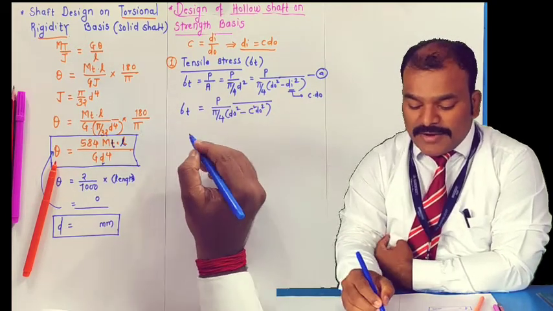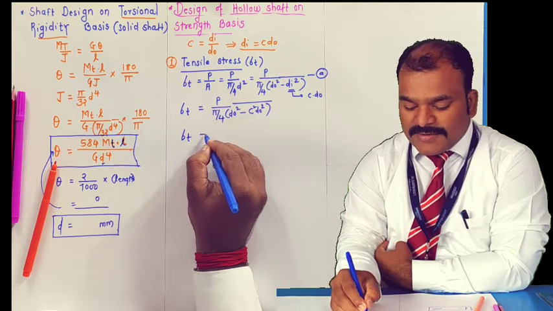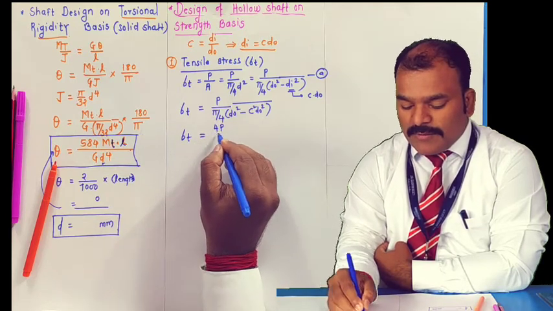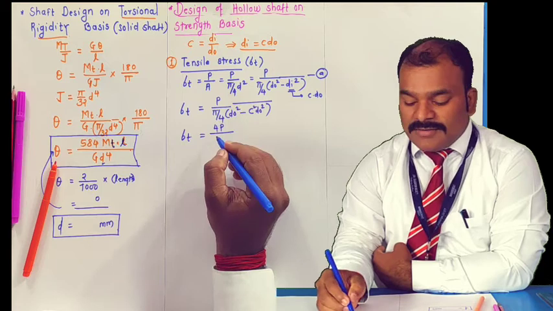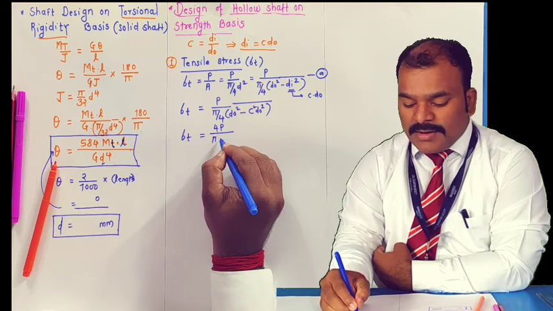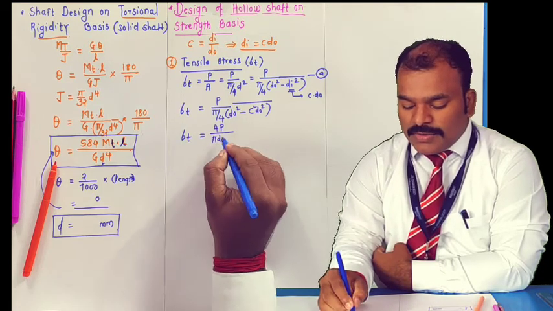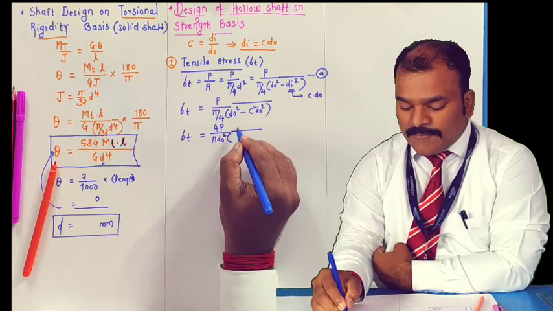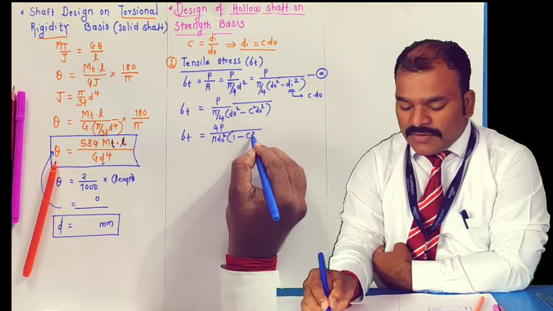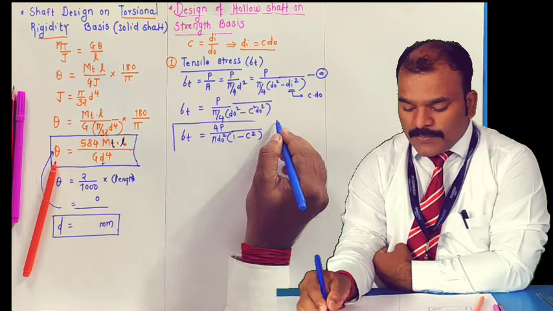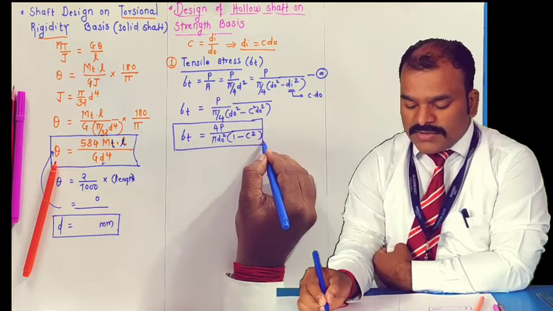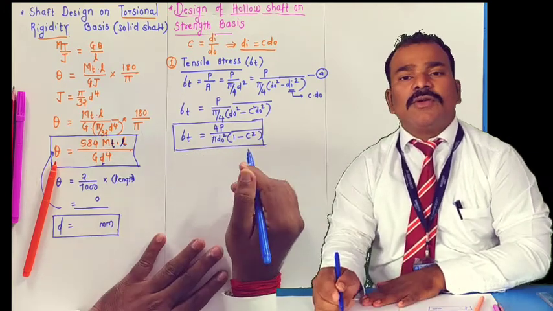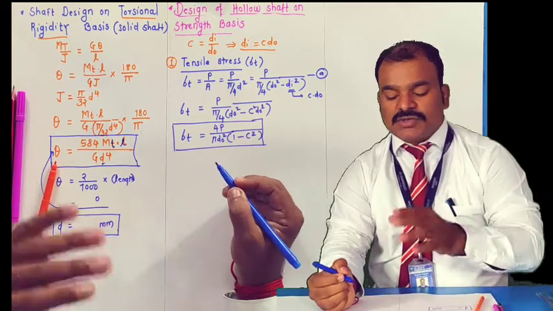So I can write the final equation: sigma T is equal to 4P by pi do square, taking do square common, into 1 minus C square. This is your final equation to calculate tensile stress for a hollow shaft.